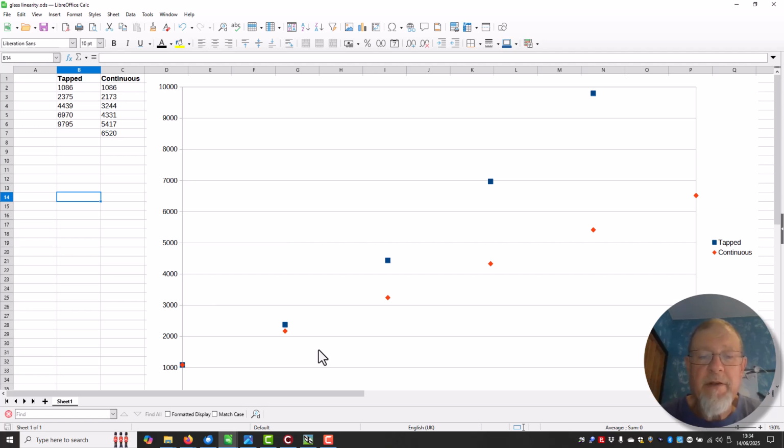That's a curve, and the exact resonances of a wine glass system I would hate to try and calculate because it's quite complicated, but we can see the continuous one looks like a straight line, and if we draw a line on it, we can see it is a straight line, which is the same as we found with the coupled masses. You let them free run and you get inharmonic resonances, whereas you drive them and you get harmonic resonances.